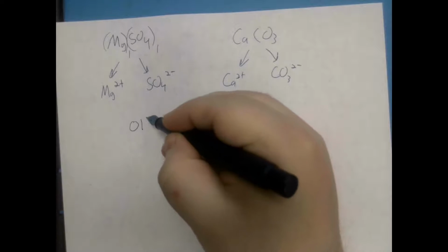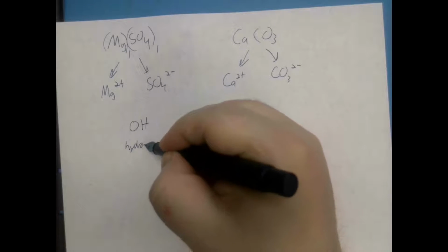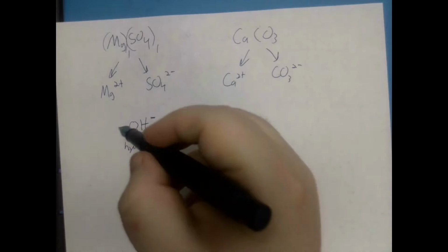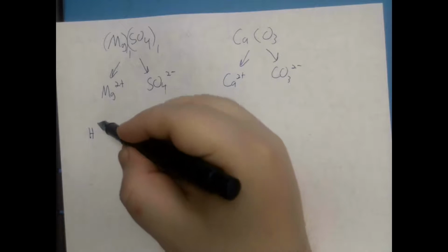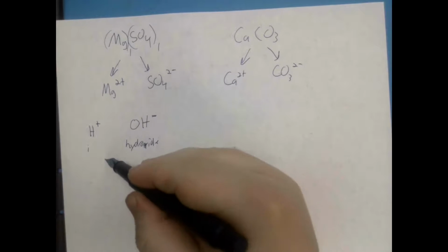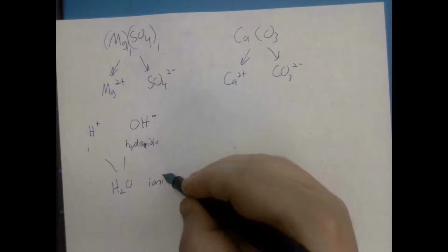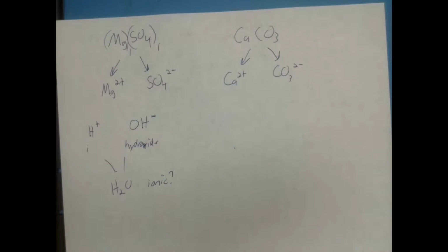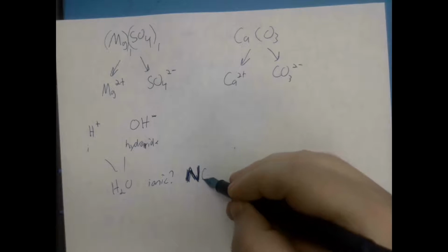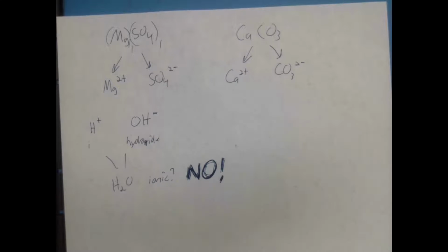We saw that peroxide, or no, hydroxide, so this is a hydroxide ion. Hydroxide ion has a charge of -1. And hydrogen before turns into a +1. They can combine together and make H2O. So is this ionic? Strongly no.